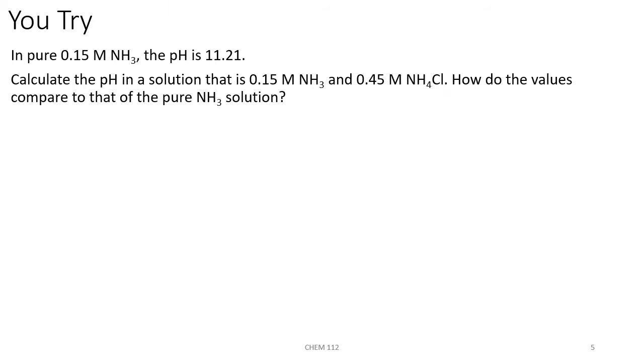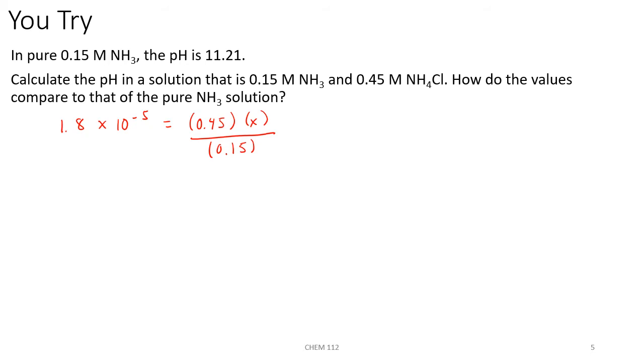That means our equilibrium expression will reduce down to the Kb, 1.8 times 10 to the minus fifth, equal to 0.45 times x in the numerator, all over 0.15 in the denominator.